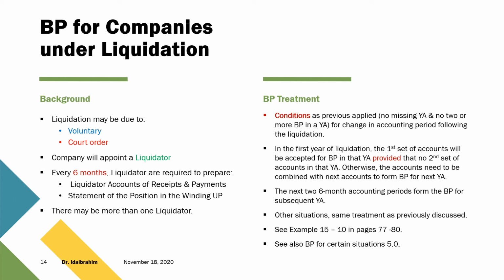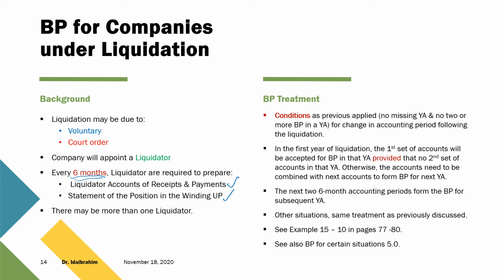The liquidator will need to provide two statements, the liquidator's accounts of receipts and payments and statement of position of winding up, and submit these two reports to the minister every 6 months. So this is the requirement of the law.